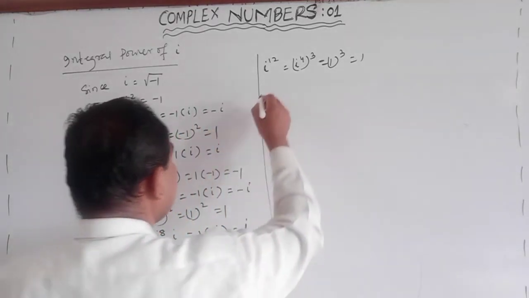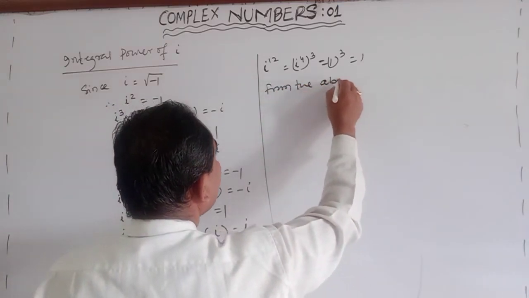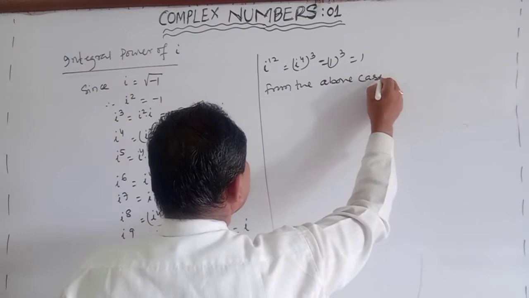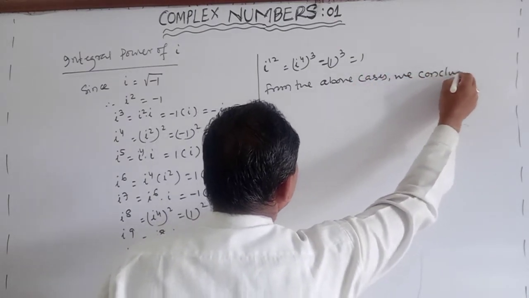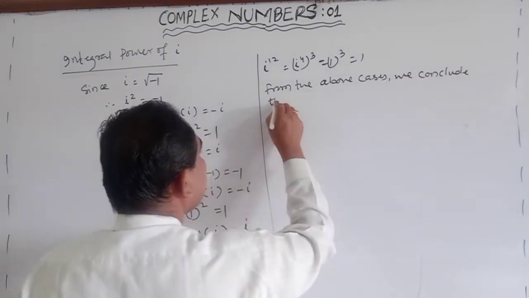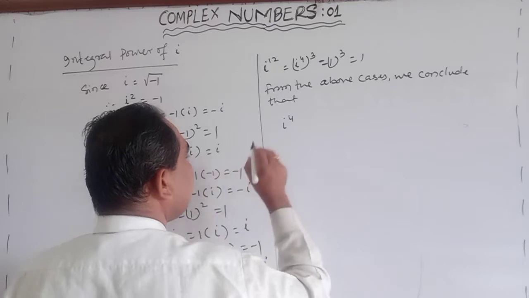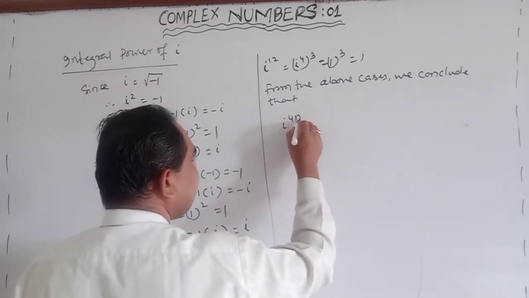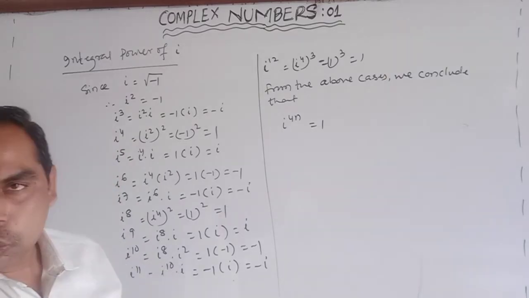From the above cases, we conclude that i to power 4n is equal to 1.